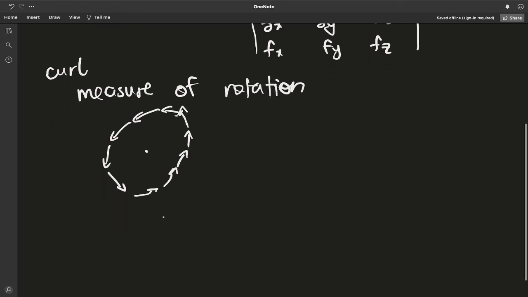Okay. And the way to calculate or think about it, we use an infinitesimal cube for the divergence. For the curl, we use an infinitesimal square loop.